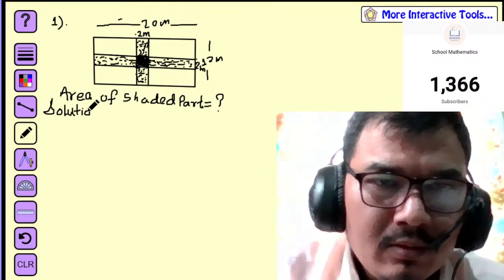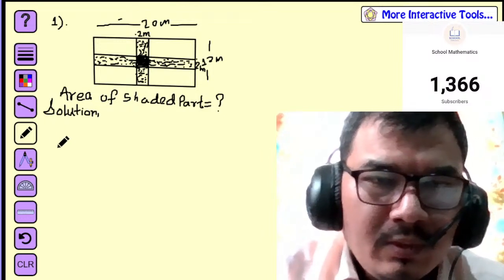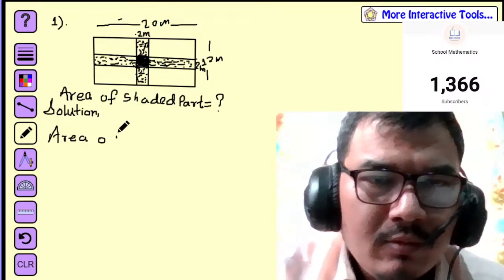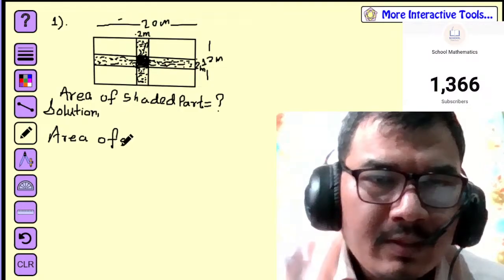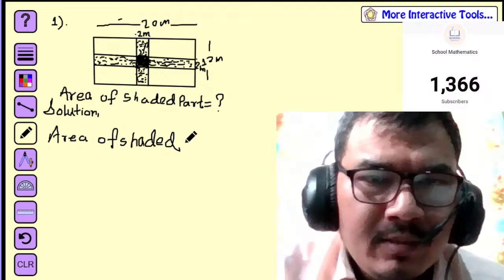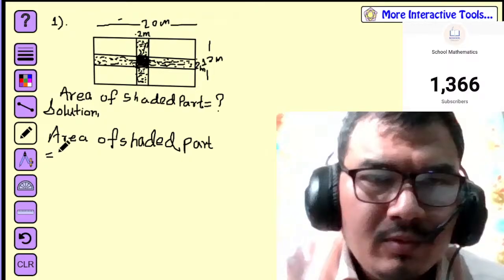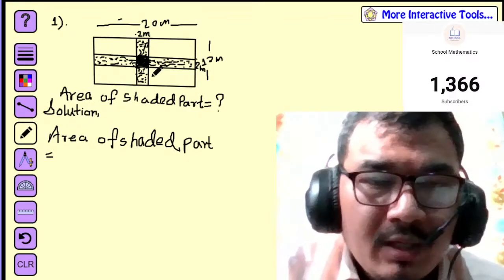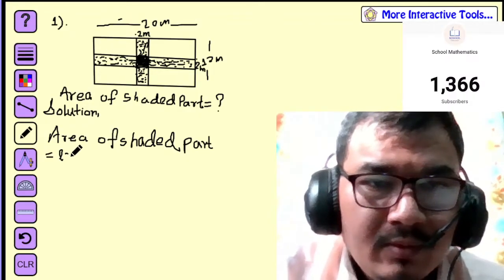In this solution, what you have to do, write here: area of the shaded part, which is the area of the cross path, equals, look, for this path the length is 20, right, length into breadth.